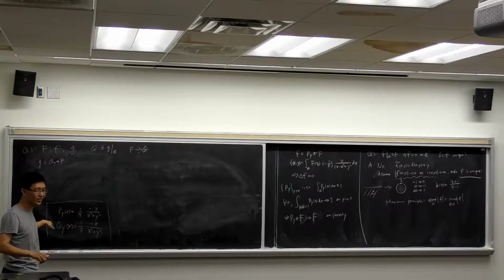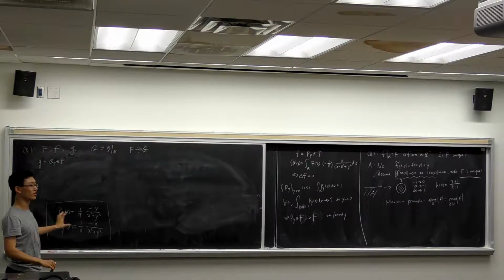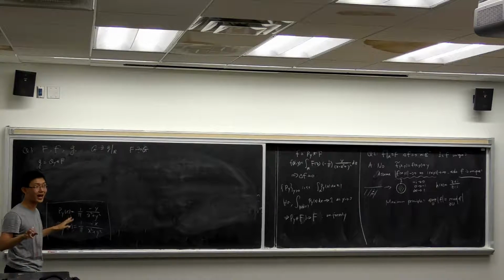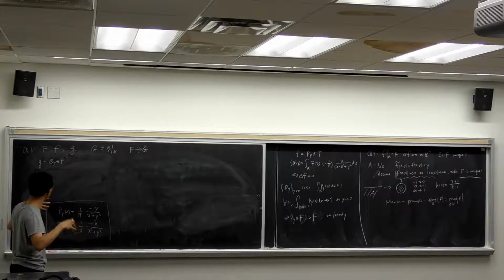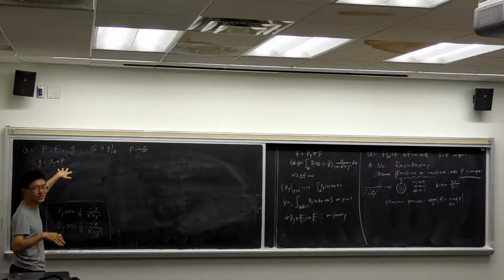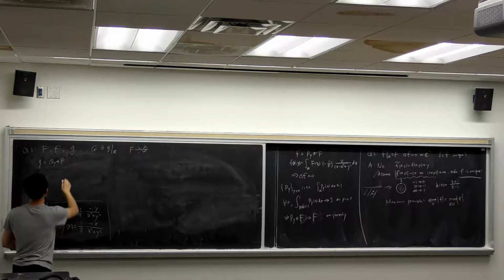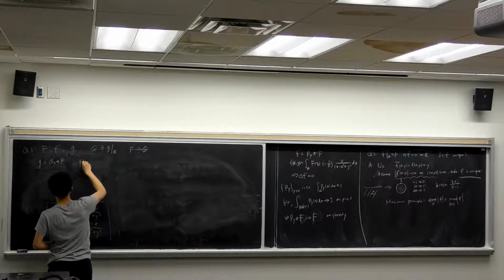So that function actually does not matter. What matters is the kernel. Okay. So G is this up to an additive constant. But we will see why we want to choose this later.